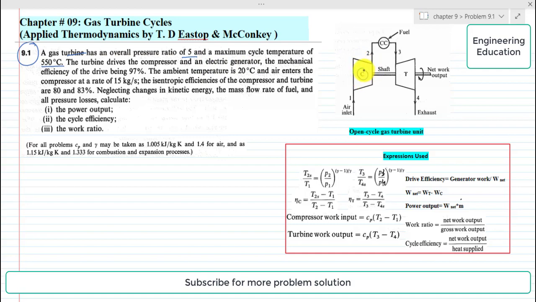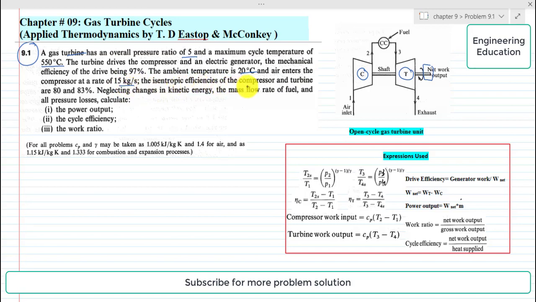This is the schematic: compressor and turbine. This turbine operates this compressor, as well as here the generator is coupled with this turbine. The mechanical efficiency of the drive being 97%. The ambient temperature is 20 degrees centigrade and air enters the compressor at a rate of 15 kg per second.